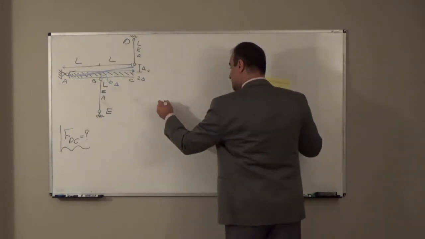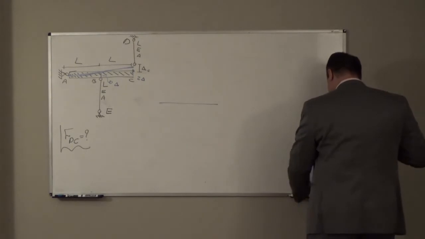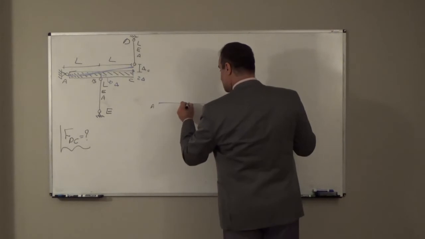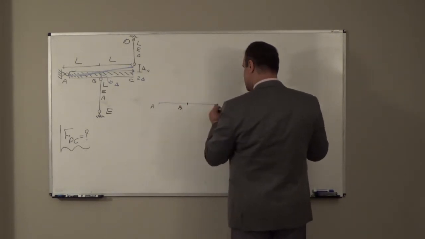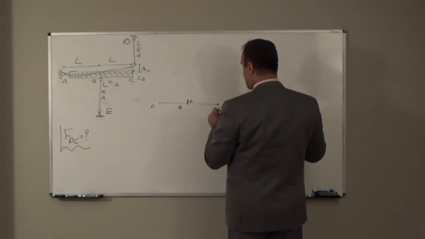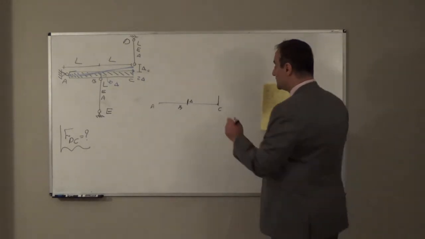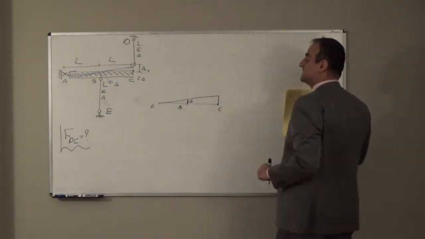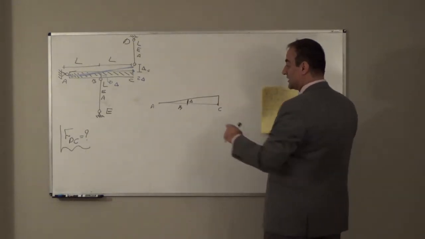Why? Because initially this is member ABC, it is a rigid beam. Then this is point A, point B, point C. Then point B, we assume goes up delta. Point C should go up to 2 delta because this is a triangle and this length should be proportional.